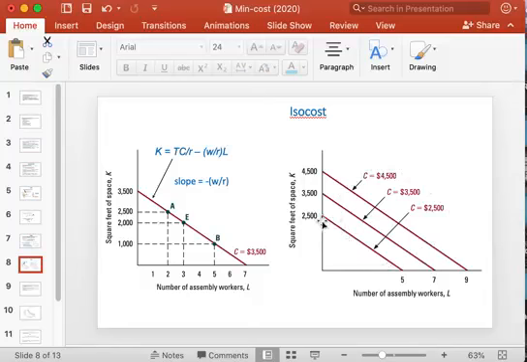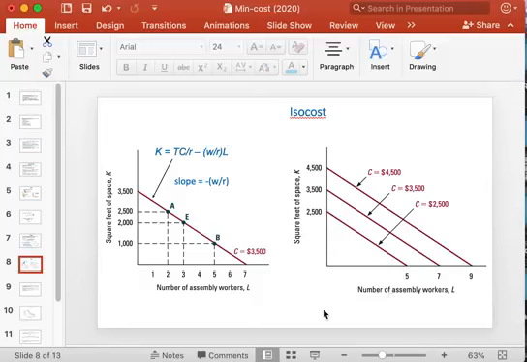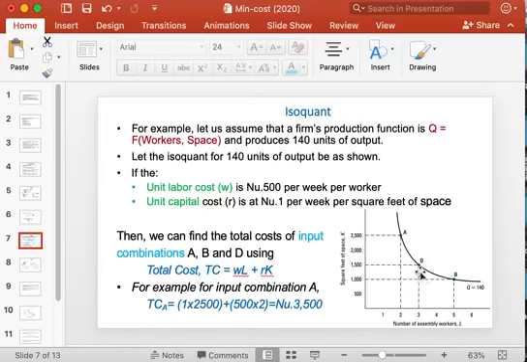If you observe this graph, you can see that the isocost increases in this direction, the northeast direction. And similarly, the isoquant line is the same: the isoquant will increase in the northeast direction.